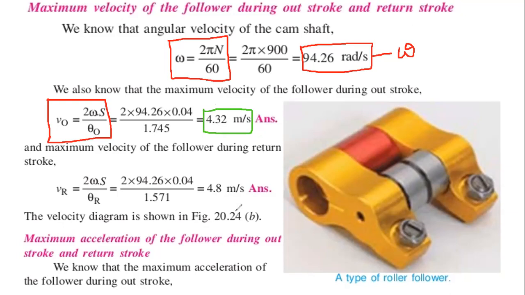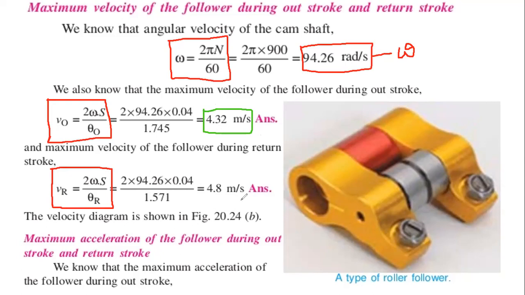Next, we have the velocity for the return stroke, that is Vr is equal to 2 into omega into S by theta of R. The omega value is 94.26, theta for the return stroke is 1.571, and the lift of the follower, that is the stroke, is 0.04 meters.